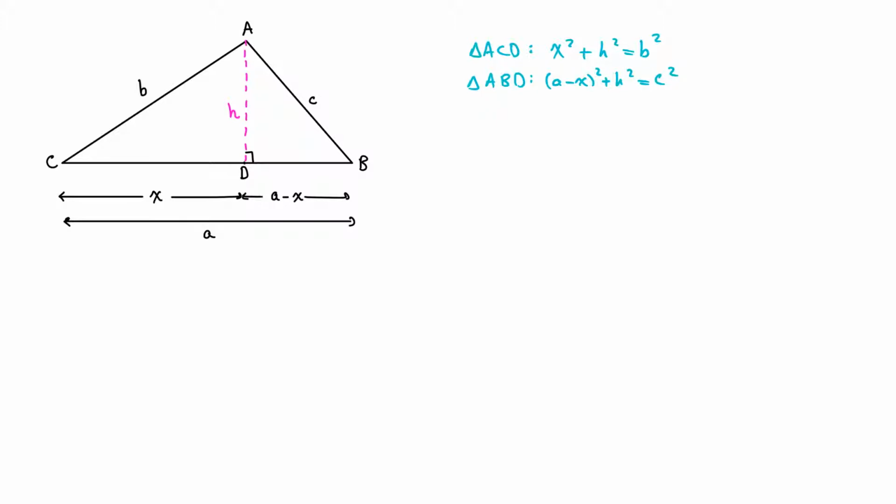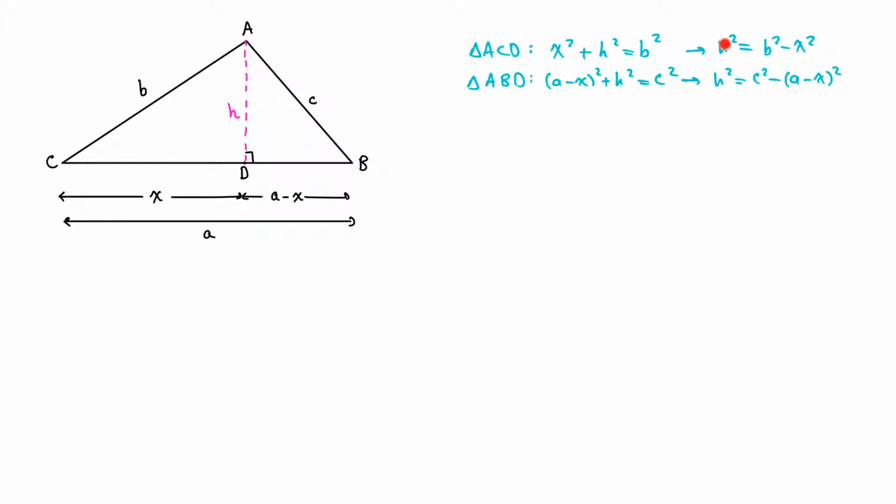For both of these, we can rearrange for h squared. For this one, h squared is equal to b squared minus x squared. And for this one, h squared is equal to c squared minus a minus x squared.